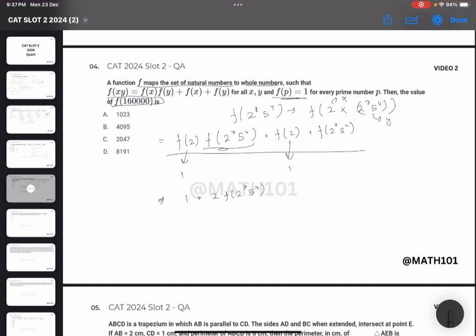Again, by repeating the same, we can see the pattern. This thing will again be taking x as 2 again and y as 2 to the power of 6 into 5 to the power of 4. We will get 1 plus 2 into 1 plus 2 f(2 to the power of 6, 5 to the power of 4), which is 1 plus 2 plus 4 times f(2 to the power of 6, 5 to the power of 4).